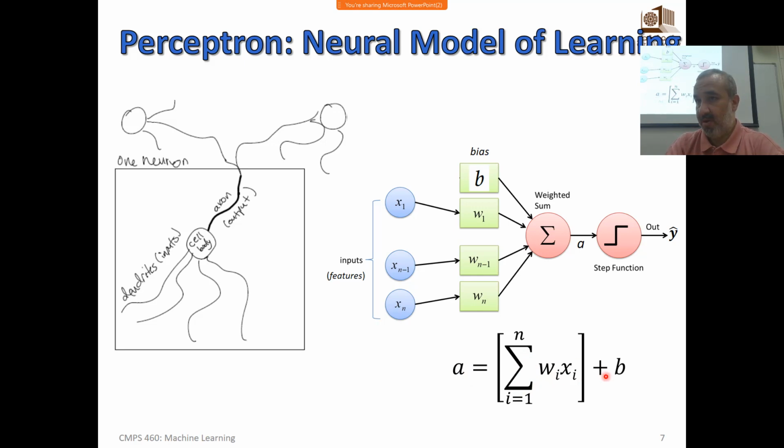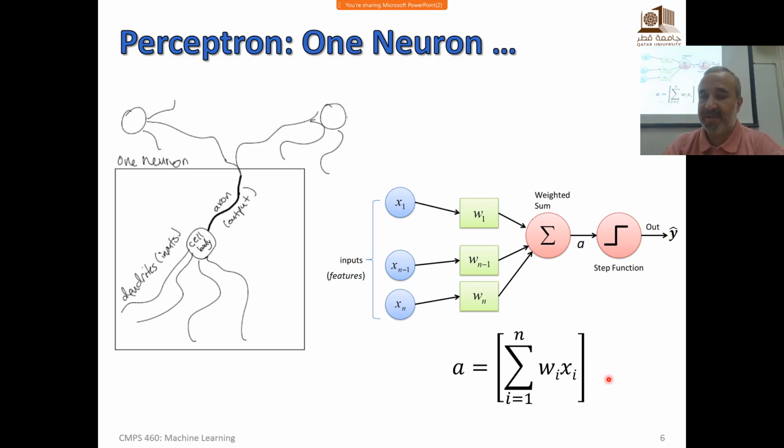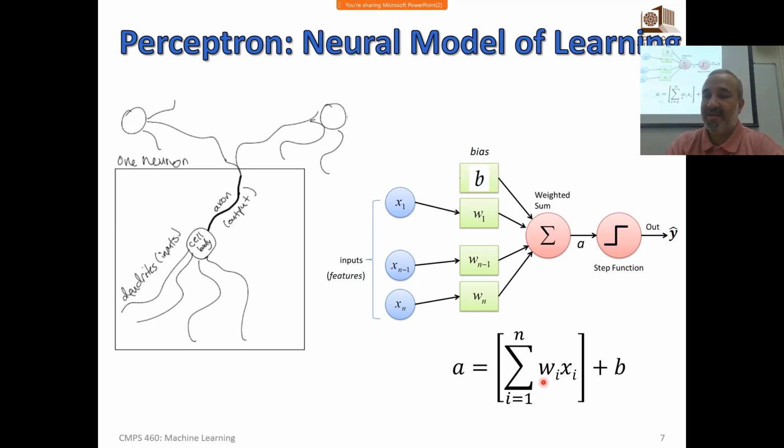What is the meaning of that? Without the bias, when will the predicted value be positive? If the weighted sum is greater than 0, right? If we want to change this threshold, then we can add b, so that when this as a whole is greater than 0, that means the weighted sum is greater than minus b. So this is a way to control the threshold of firing.